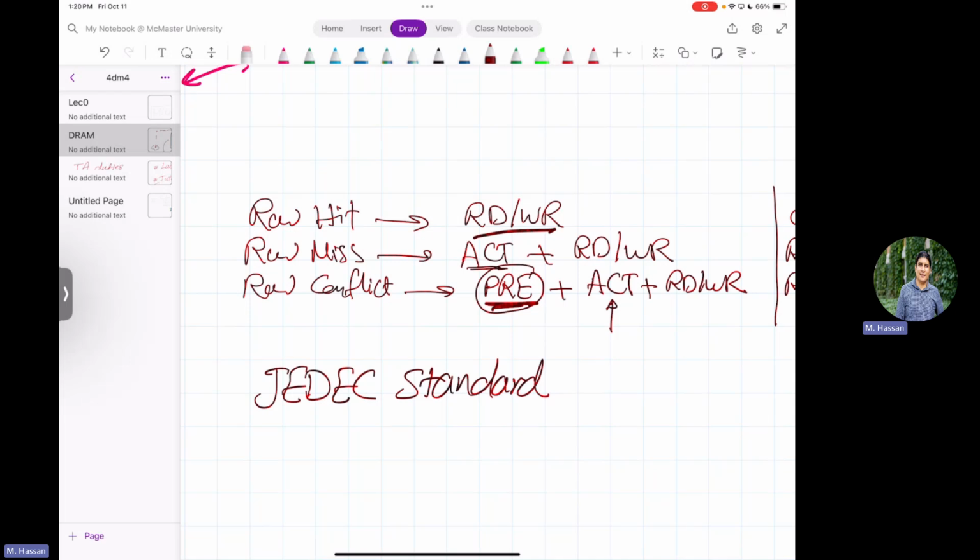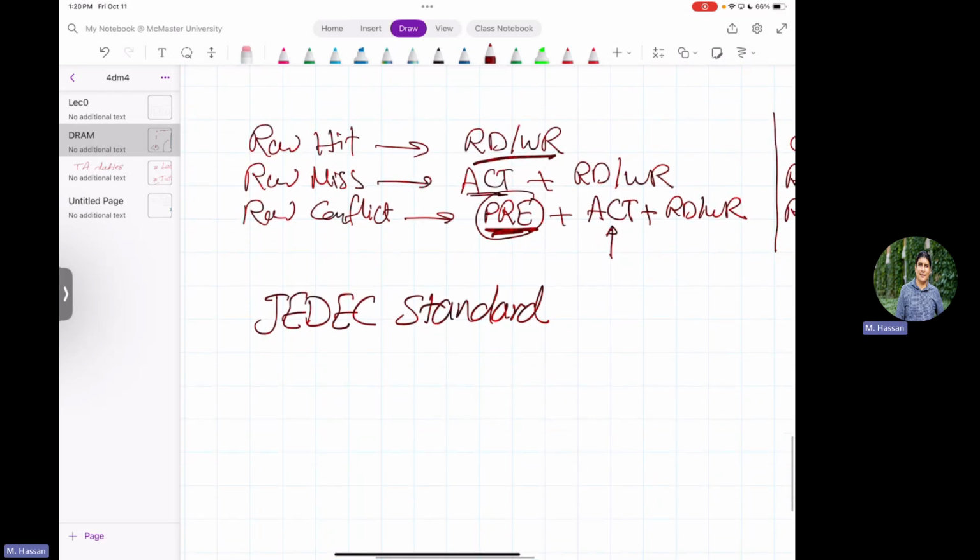I should adhere to these timing constraints, which we're going to talk about in a second. You should adhere to this type of commands you need to send. You need to do the address translation in that way. All of this is defined by the standard, which is a document similar to an ISA, a contract between the memory controller manufacturers and the DRAM manufacturers. Good? So now a memory controller will be sending these commands.